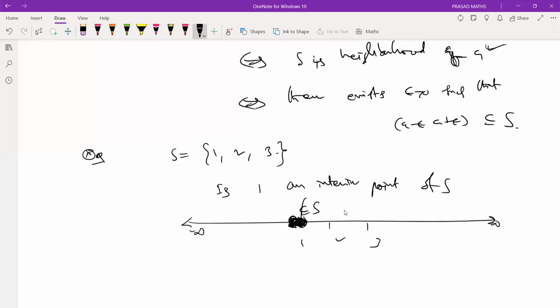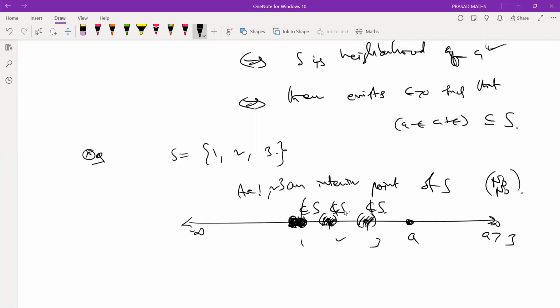S is not a neighborhood of 1 means what? It cannot be an interior point. Is it an interior point? No, because we can never provide a neighborhood which is inside the set. Therefore, 2 also no. Is 3? 3 is also not an interior point, right? We never find a neighborhood which is inside the set S. Suppose A is bigger than 3.